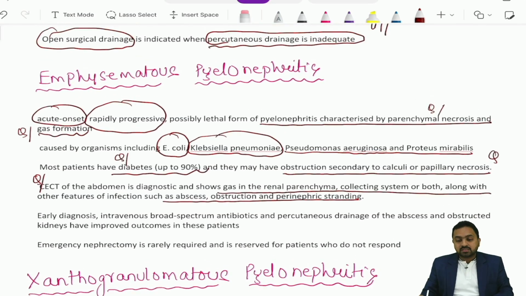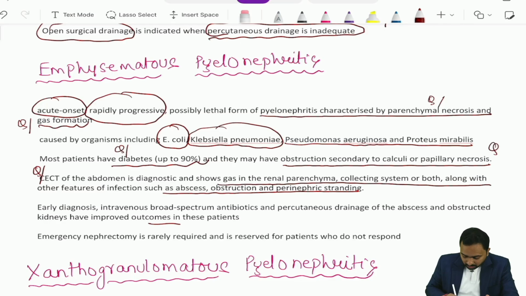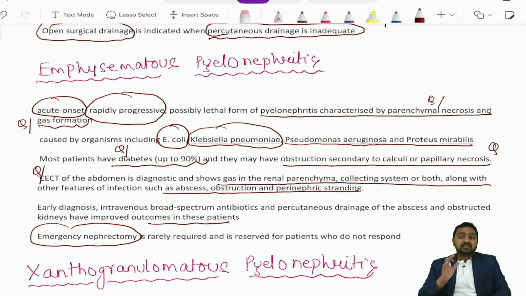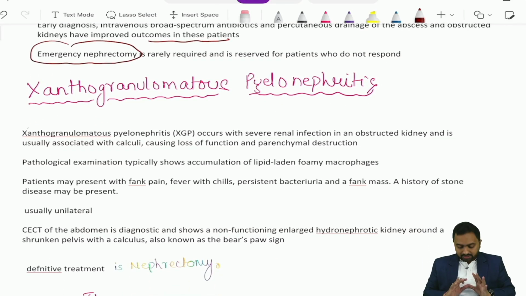Early diagnosis, intravenous broad spectrum antibiotics, and percutaneous drainage of the abscess or obstructive kidneys have improved outcome in these patients, and emergency nephrectomy is rarely required and is reserved only for those patients who do not respond to the treatment.